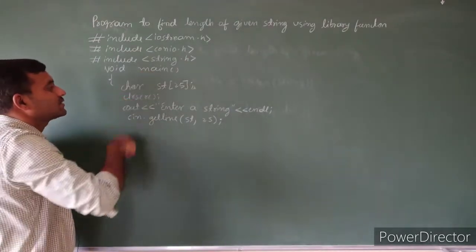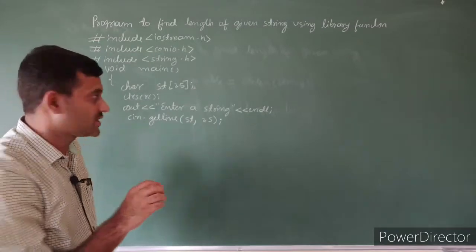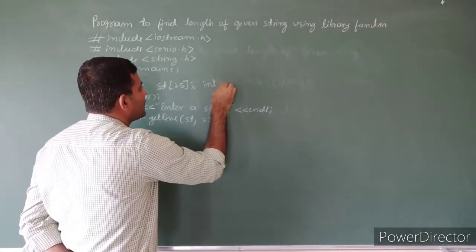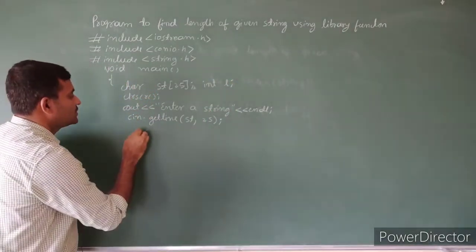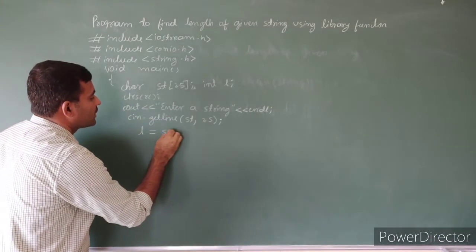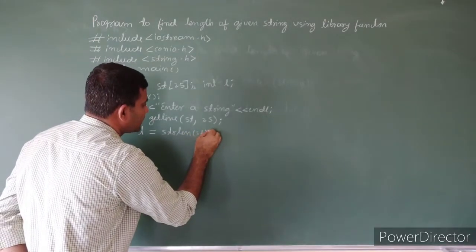Then here it needs one more variable, that is to store the length of the given string. Hence, after declaring the character array, we also declare a length variable L. Using the L variable and the assignment operator, with the predefined function strlen, we find the length of the given string.